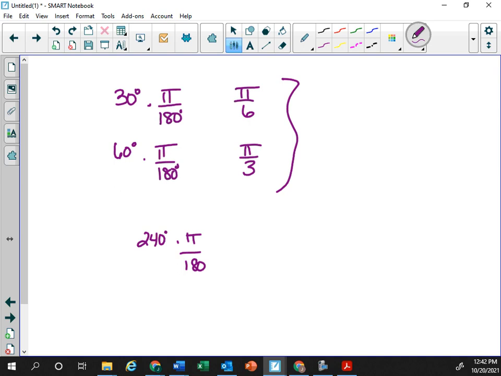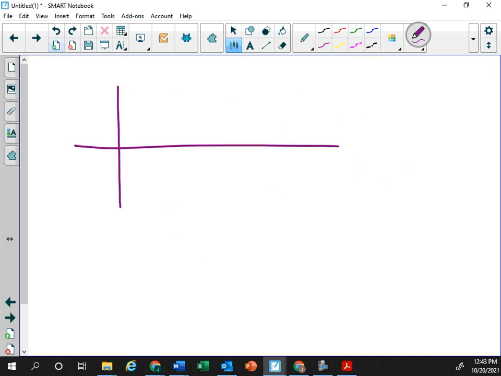Why are radians useful? What we're going to do is a whole bunch of evaluating trig functions, and it's actually easier to see the positives and negatives with radians than with degrees. Right now, I'm sure you think I'm crazy when I say you're going to like radians more than degrees. You absolutely are, because the pattern repeats. When we go to graph sine, which we will eventually, we label our x-axis in radians.